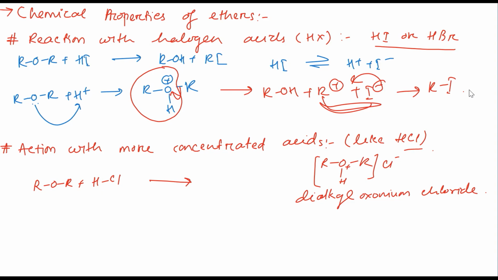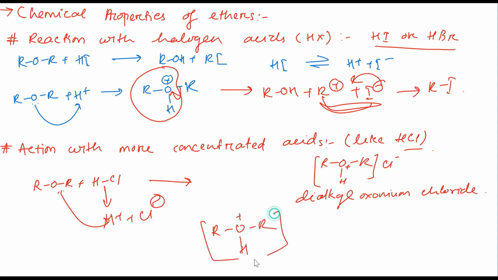If we react these ethers with concentrated acids such as HCl, hydrochloric acid, there will be formation of oxonium chloride. Like this ROR type, this HCl will separate to H plus and Cl minus. In the first step there will be protonation and formation of ROH plus R. This is an oxonium ion.